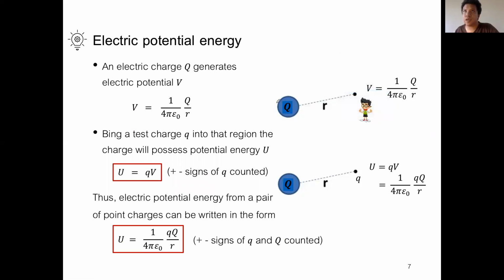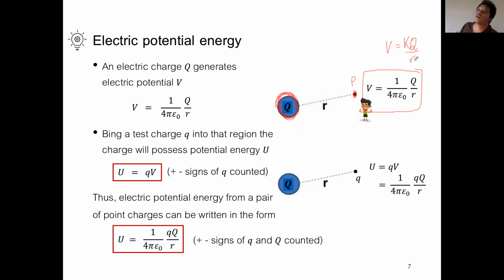If we have the charge Q acting as a source for electric potential, and we consider the potential at a point P, we can calculate the potential by this equation, or for convenience write it as KQ over R.